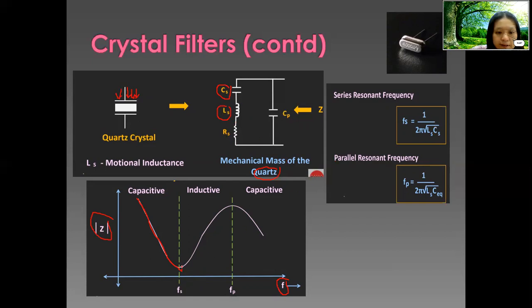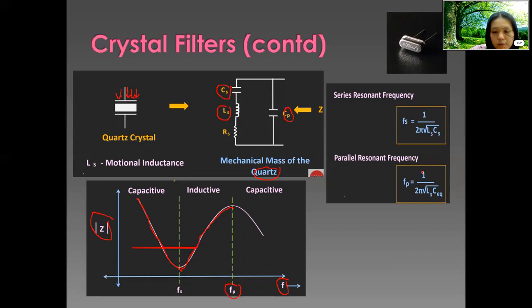Then this circuit will induce the frequency during the inductive effect by the L. Then it will be influenced by the parallel resonant frequency from the parallel capacitor and will generate the Fp.